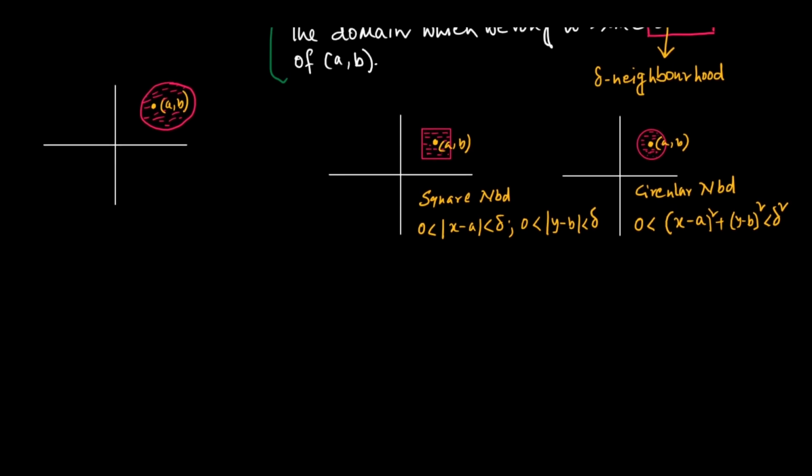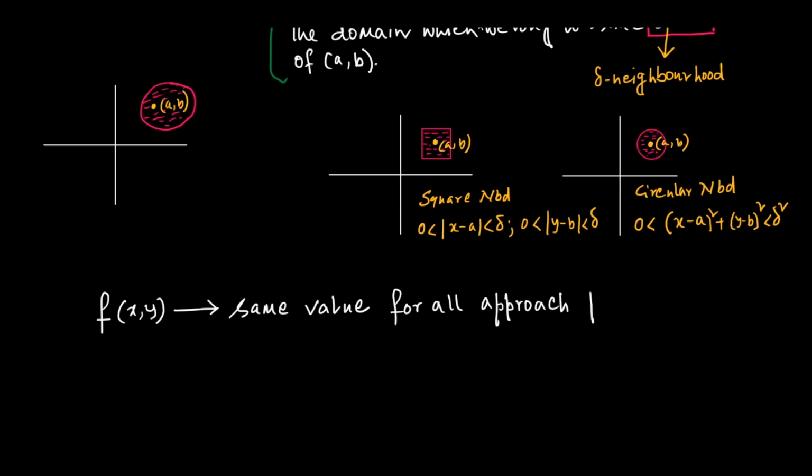This definition tells us that f(x,y) should approach the same value for all approach paths of xy to AB.